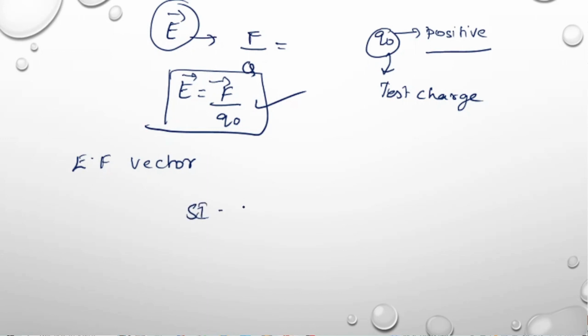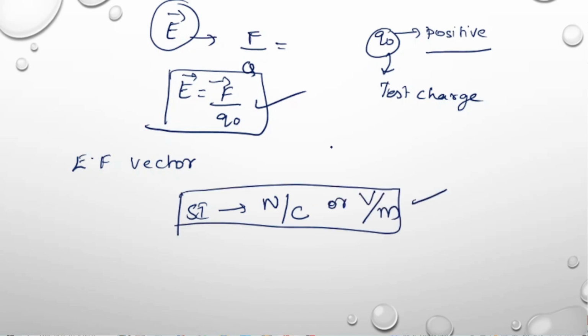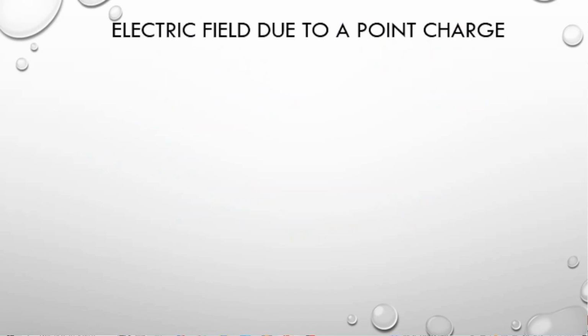It can be Newton per Coulomb or it can also be volt per meter. Don't get confused. If asked in the examination, you are supposed to write both. Now moving on to the very important concept, electric field due to a point charge.